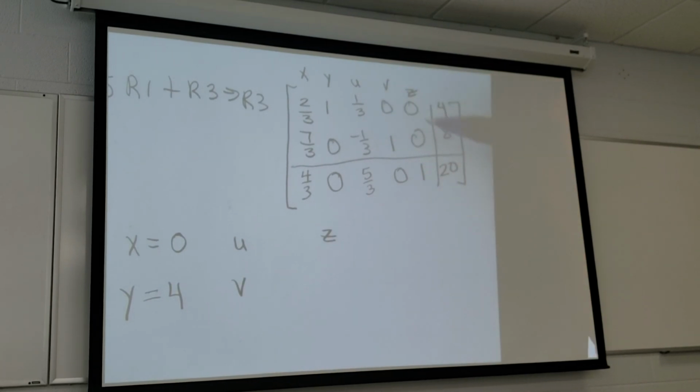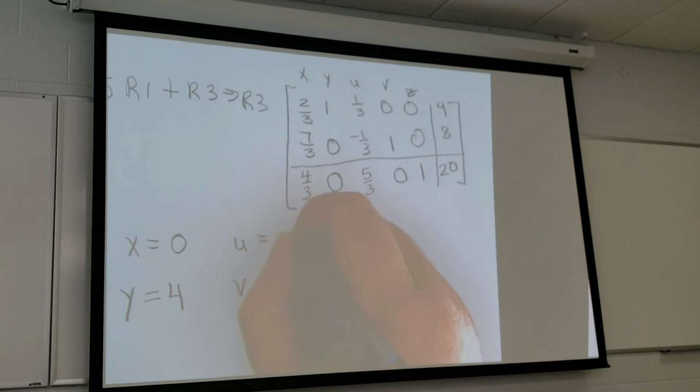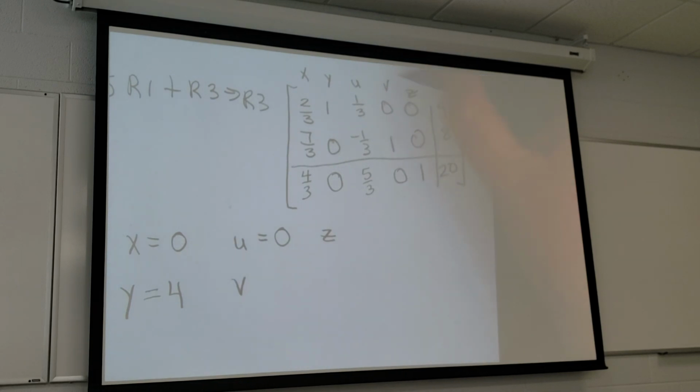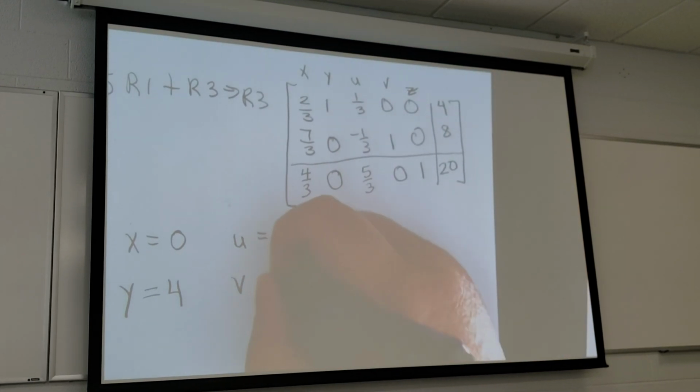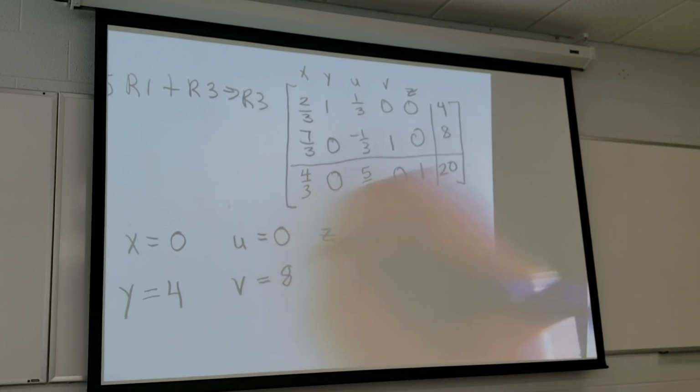All right, U column, does it have a 1 and then zeros? No, so U defaults to 0. V, does it have a 1 and everything else zeros? Yes. Find the 1, go across. V is equal to 8.